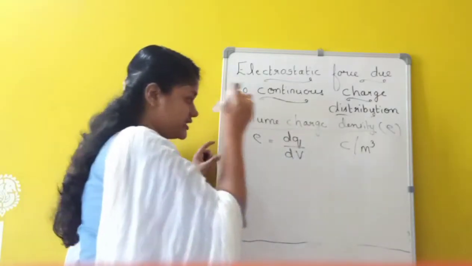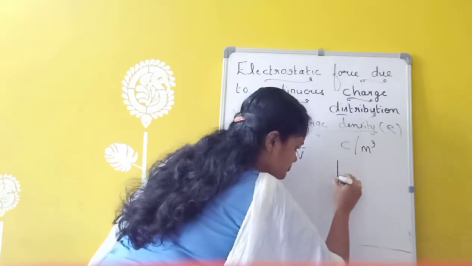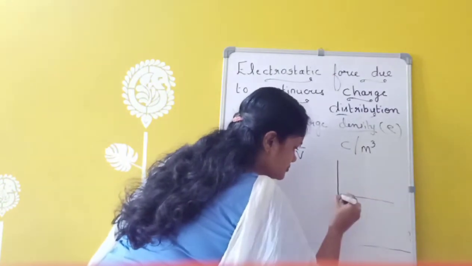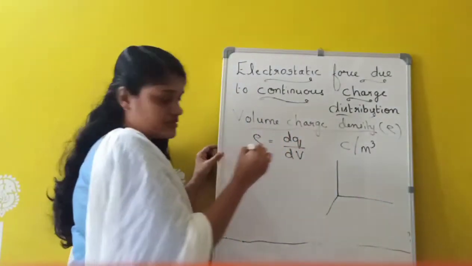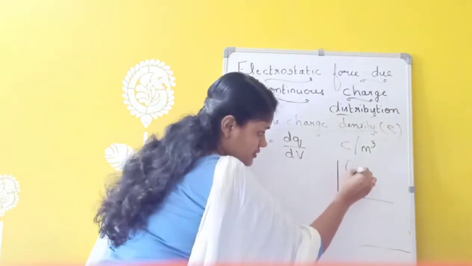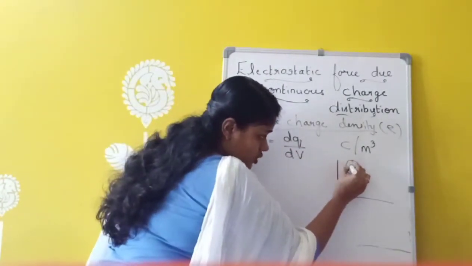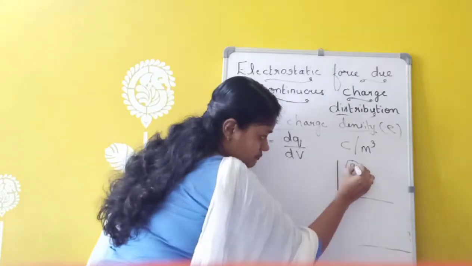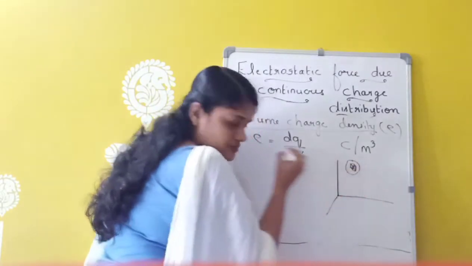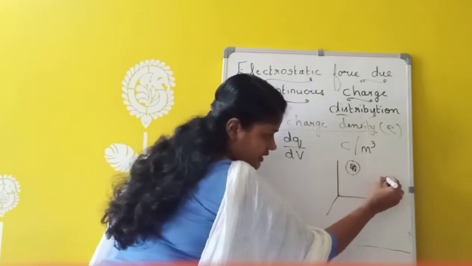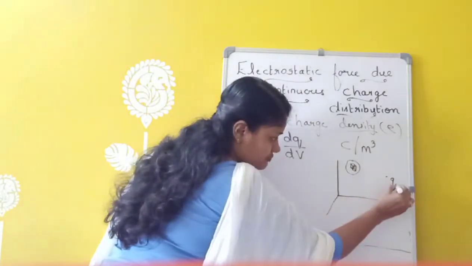First of all, I am drawing a diagram here. I am taking a sphere, and inside the sphere I am taking a small volume. And I am taking another charge Q0.